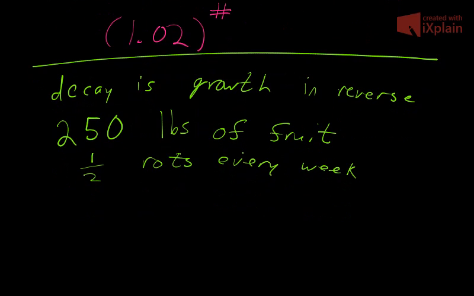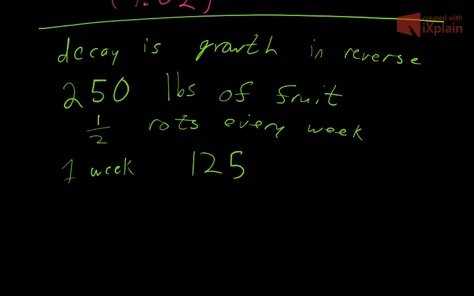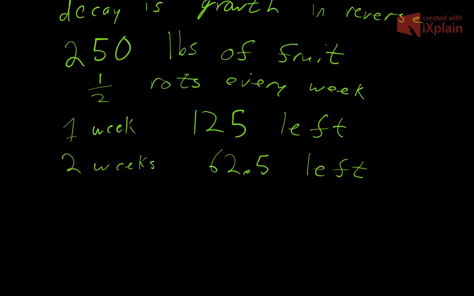Then I can say that after 1 week, I will have 125 pounds left, because I have to halve it, because half of it rots. After 2 weeks, I'll have 62.5 left. And I can just keep halving it, because half of 125 is 62.5. After 3 weeks, I'd halve it again, and I would end up with 31.25 left.